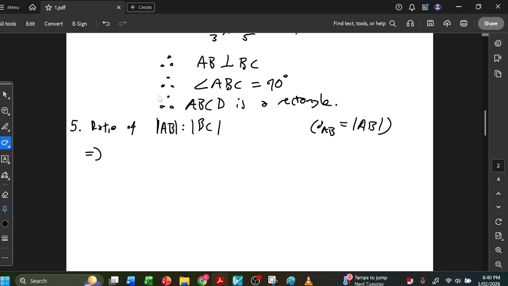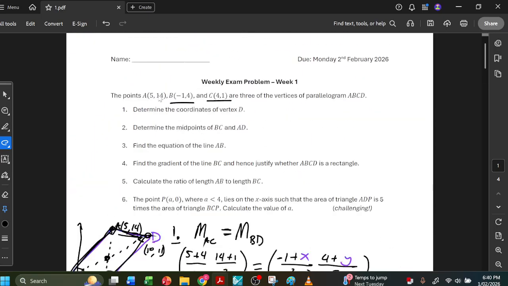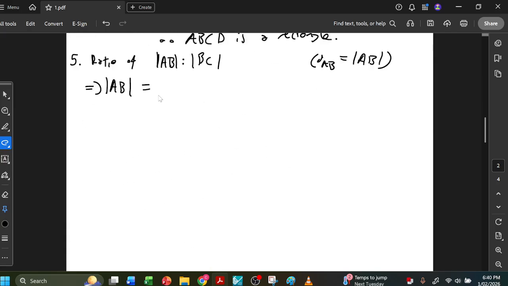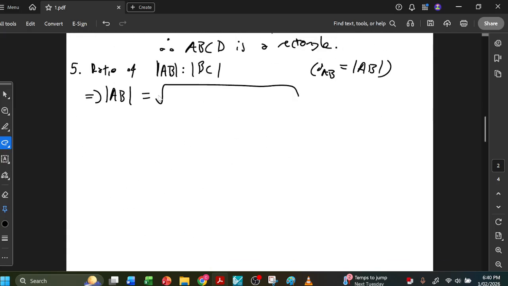So let's try and find the distance between A and B and the distance between B and C, and then put it into a ratio, and then we can answer the question. So for the distance between A and B, we need to know the points A and B. So that was these two. We're going to use the distance between 2 points formula, which is based on Pythagoras' theorem and is the difference between the x coordinates squared plus the difference between the y coordinates squared.